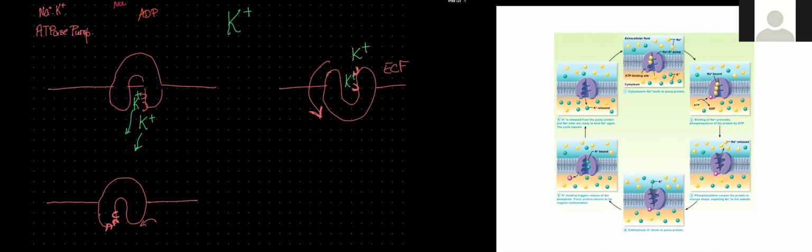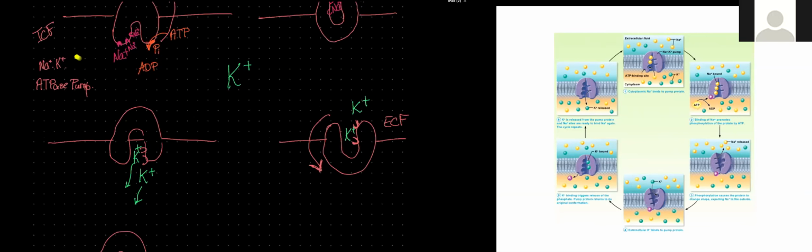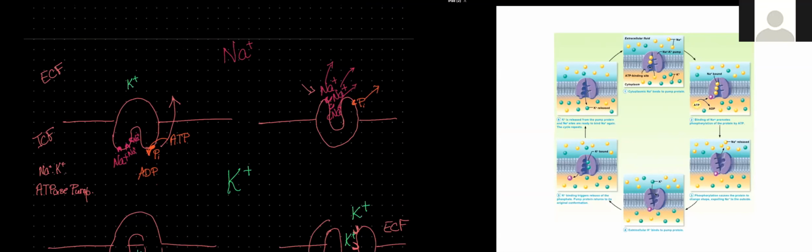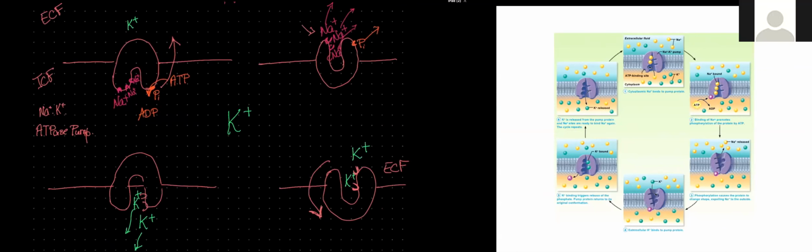And the cycle keeps going all the time in the background. The sodium potassium ATPase pump is going to be activated all the time in the background. It's always going to be trying to move the sodium from inside of the cell to the outside of the cell, and it's trying to move the potassium from outside of the cell to the inside of the cell.